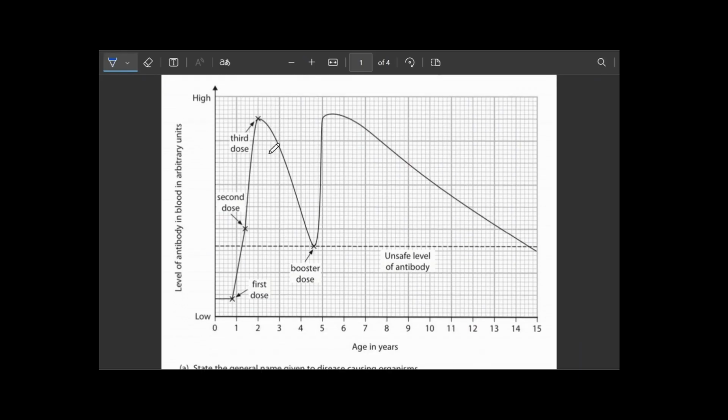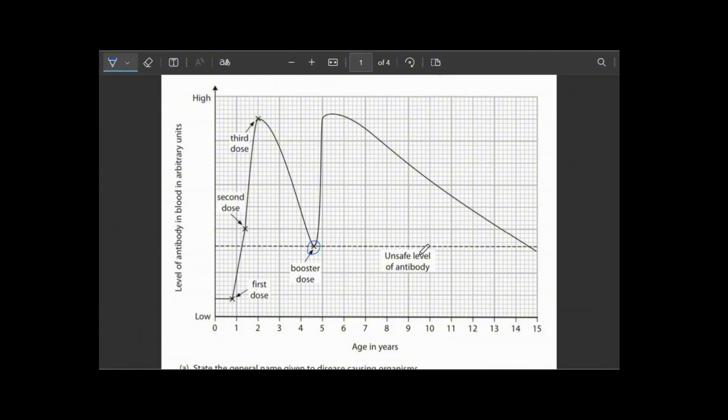They have provided here a graph for further information. It shows that the child has received 3 doses of vaccines, the first dose, the second dose, and the third dose over here, and then also a booster dose. And there is an unsafe level of antibody, this line.